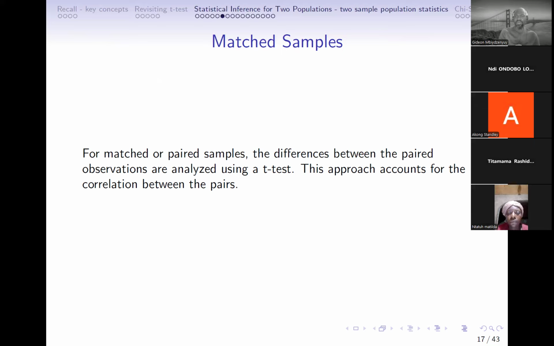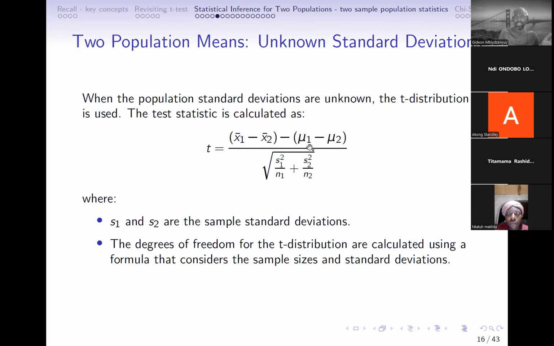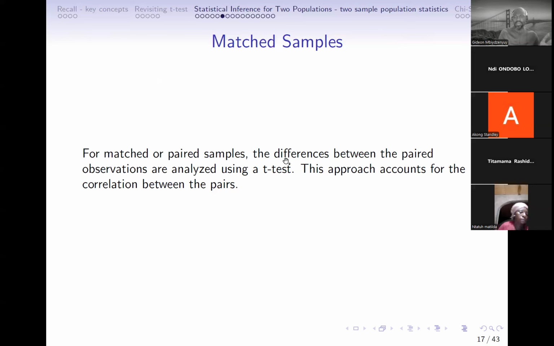And therefore, instead of dealing with these two groups and their statistics, as in this example, what we should do differently is this. For all the measurements, we should take their differences, which we can calculate.